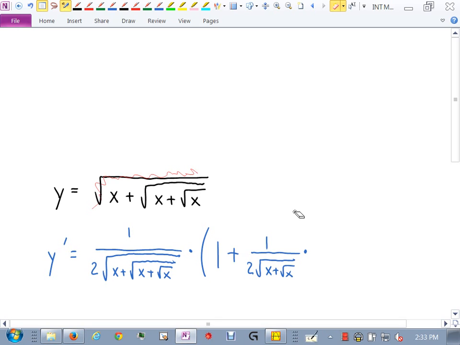That's what I'm trying to get you to see. I'm trying to complete the chain rule here on this part only. The 1's been taken care of. This part, the chain has to keep going. So what's the derivative of what's in here? 1 plus 1 over 2 root x.